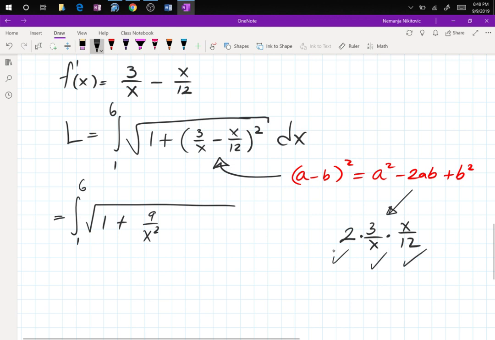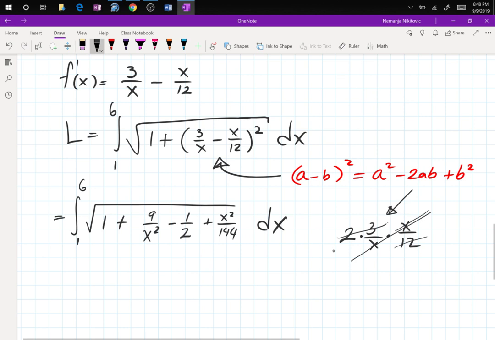So when I multiply these together, you see that the x's die. 2 times 3 is 6, which cancels 12. You just get negative 1/2 here. A whole bunch of stuff cancels, right? And then finally, plus x squared over 144, and then dx at the end.